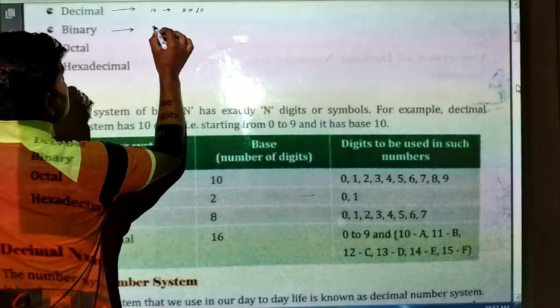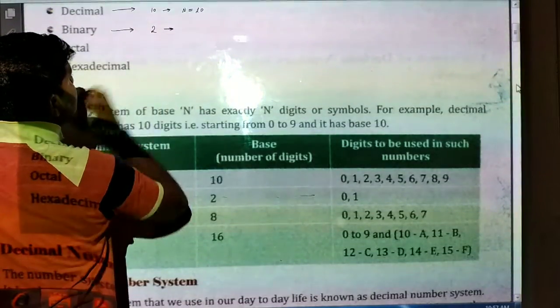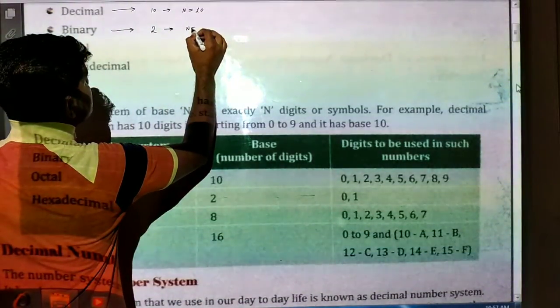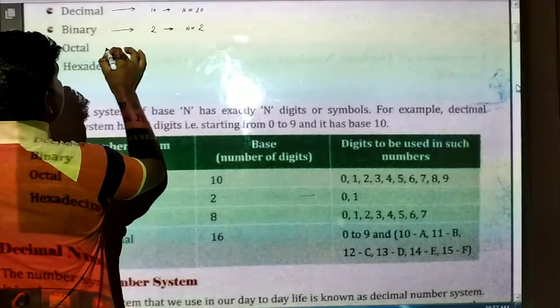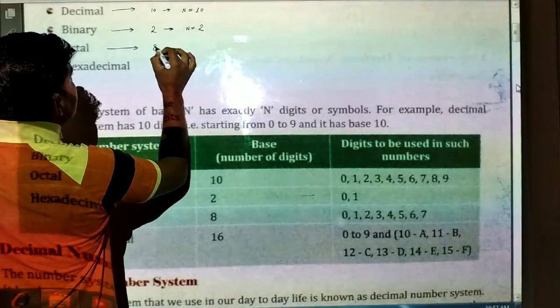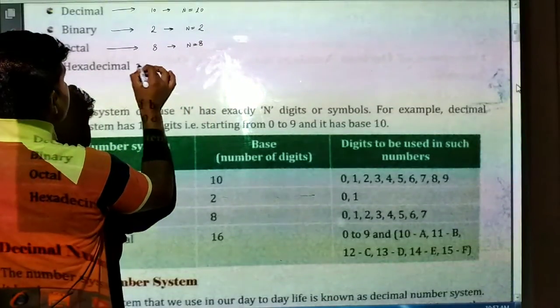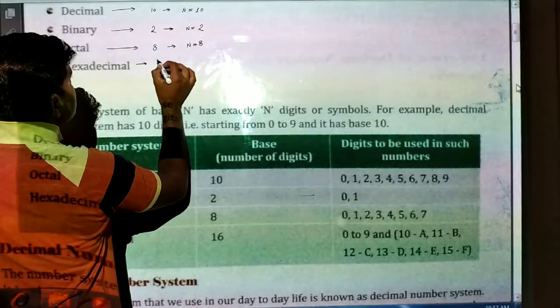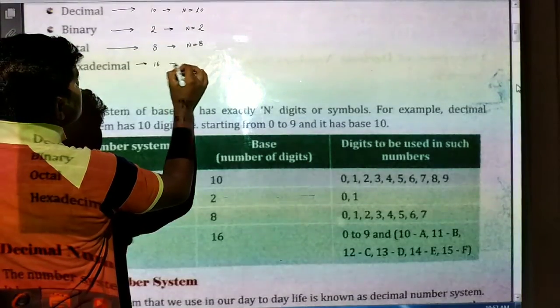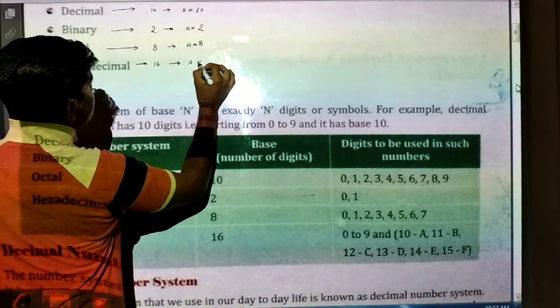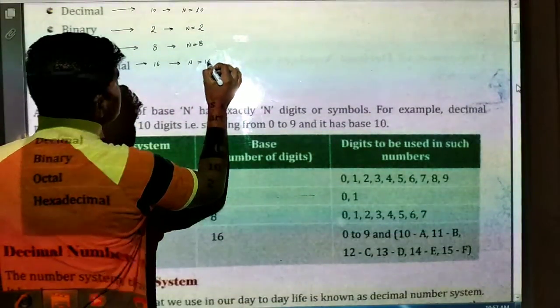In binary number system, 2 digits are present, that is 0, 1, so n is equal to 2. In octal number system, 8 digits are present, so its n is equal to 8. And in hexadecimal number system, 16 digits are present, so its base is 16.